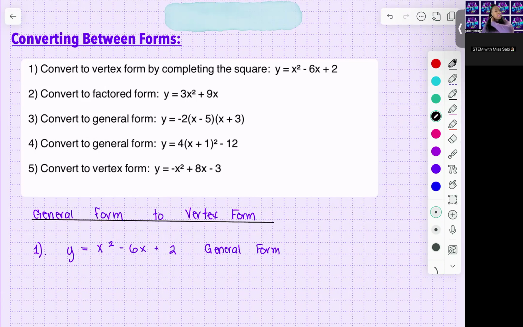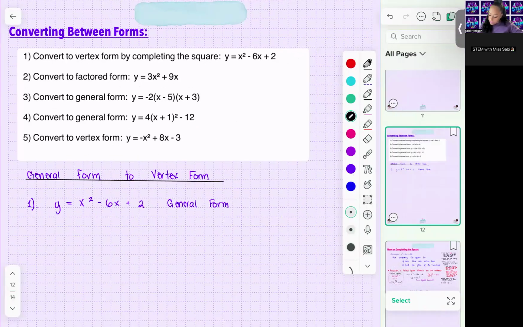They specifically said that they want you to use completing the square. On the next page, I will go into detail about completing the square. But for this one, I'm also going to say that you can do this another way. So let's go back up to our little formula section.